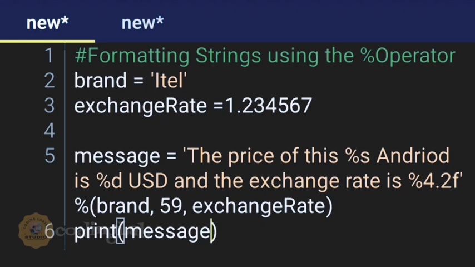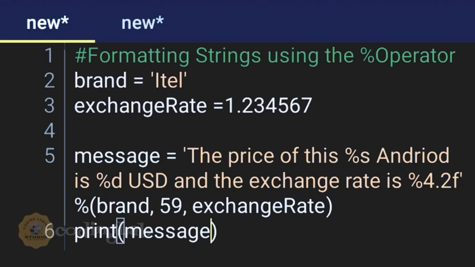The 59 is going to replace percentage d USD, and the exchange rate will be in two significant figures, so we have two figures after the decimal. And this 4 is determined by the space that we are going to add before the s. So we are going to have two spaces before the s.